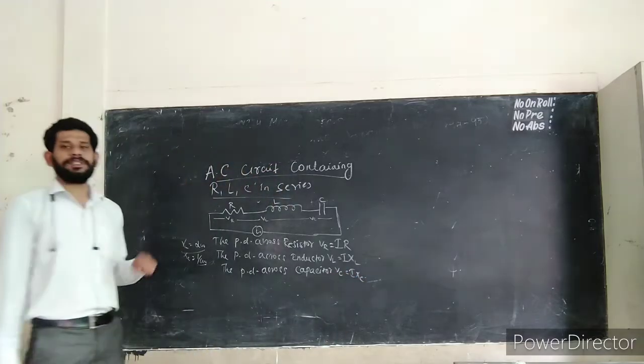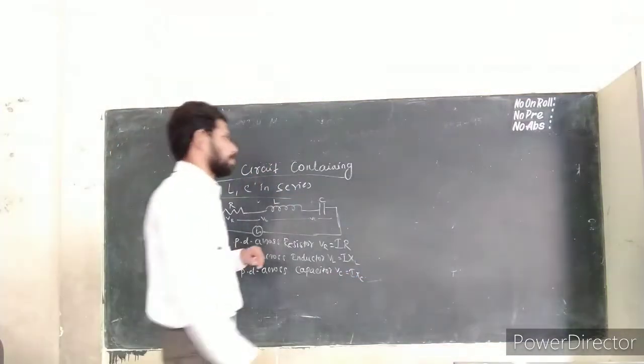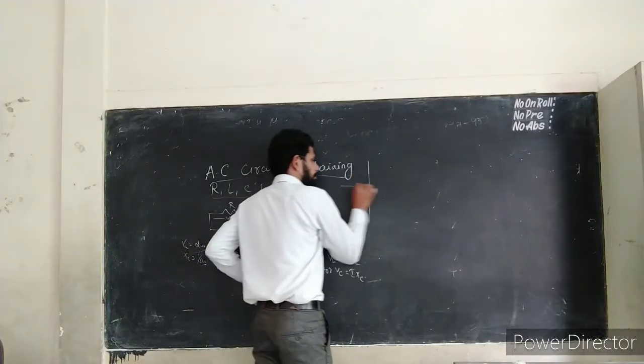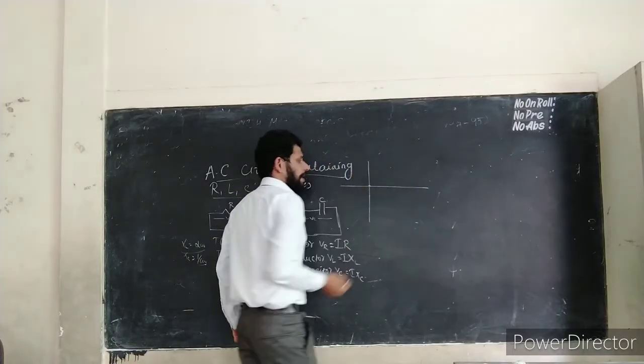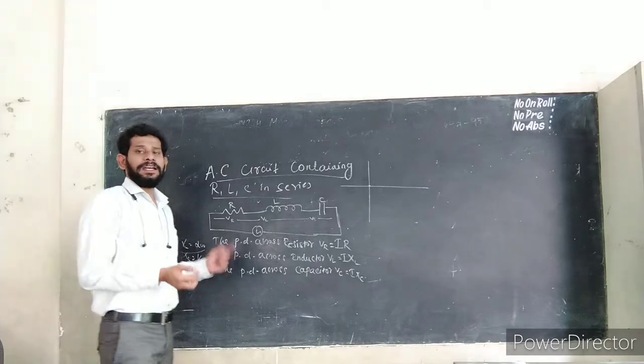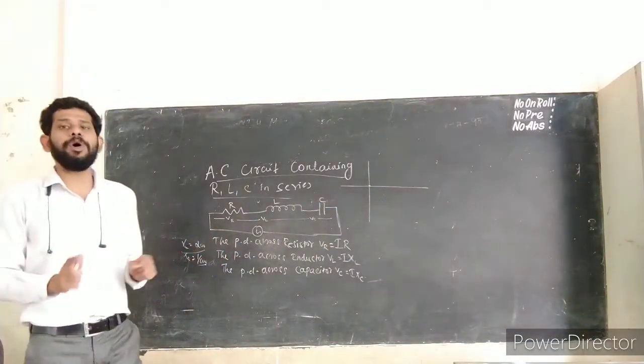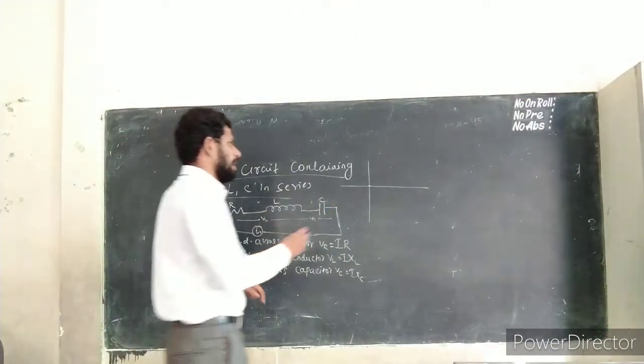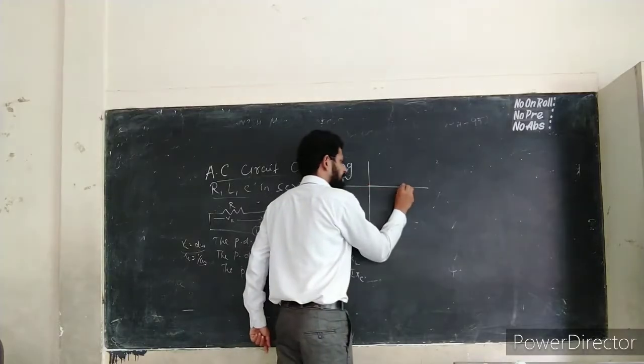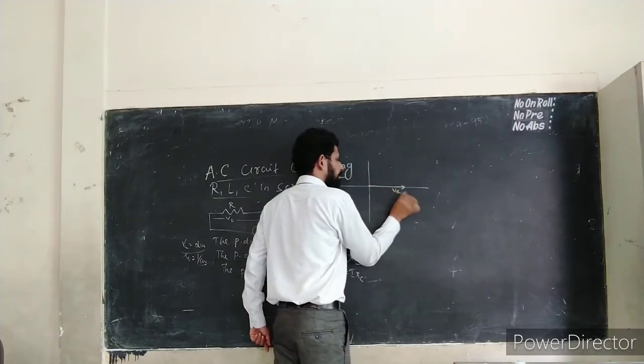Now we have to draw the phasor diagram for this. For the resistor, the voltage and the current are both in phase, so on the x-axis we can take VR.